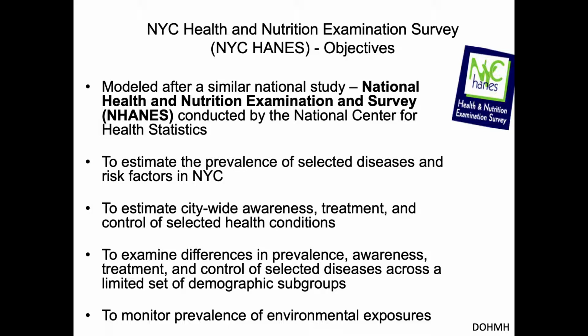This is also a survey done by the New York City Department of Health and Mental Hygiene, and its objectives are similar to the national survey in that it wants to estimate the prevalence of selected diseases and risk factors, but citywide; to estimate citywide awareness, treatment, and control of selected health conditions; to examine differences in prevalence, awareness, treatment, and control of selected diseases across demographic subgroups, for example, racial subgroups and neighborhood subgroups; and to monitor the prevalence of environmental exposures, some of which are unique to New York City living, like in apartments.